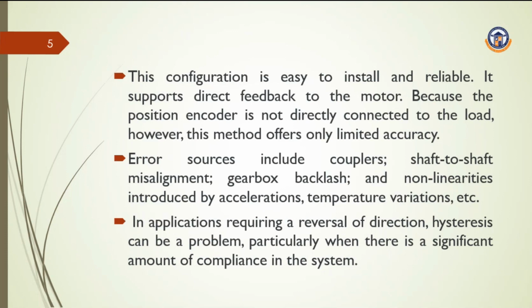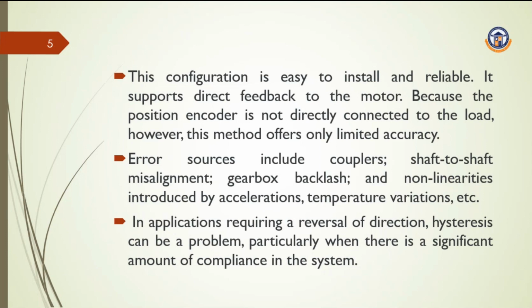What are the basic error sources? When we are coupling, there is an error source while taking the reading, and shaft-to-shaft misalignment also gives some error in the reading. Gearbox backlash also gives some error while taking the measurement.